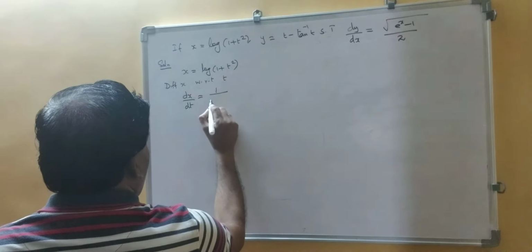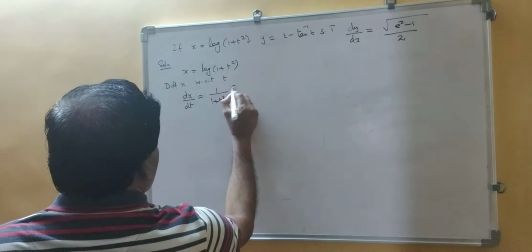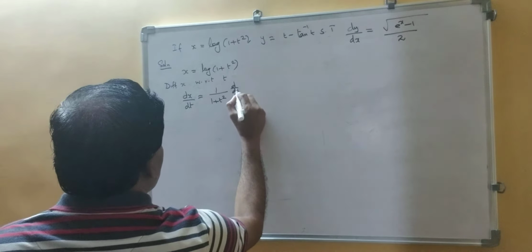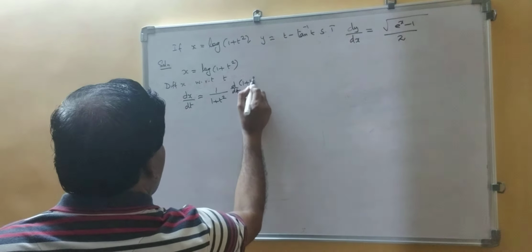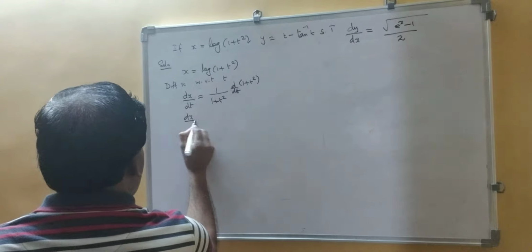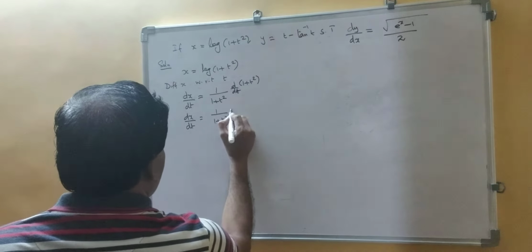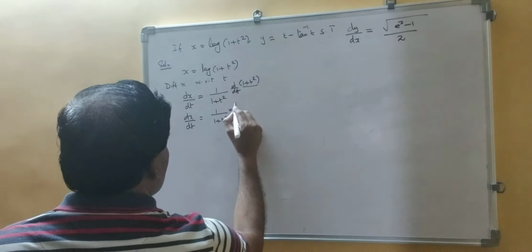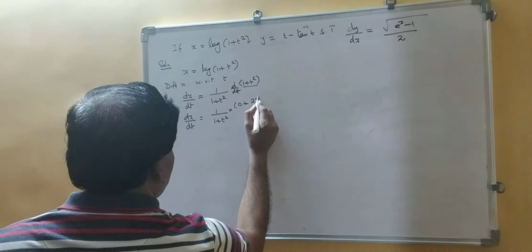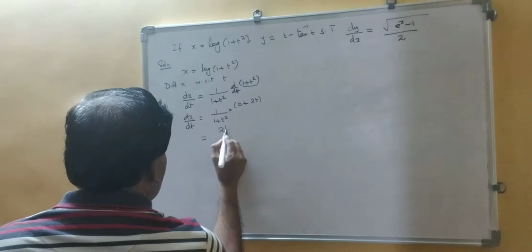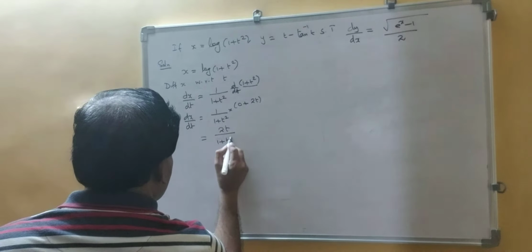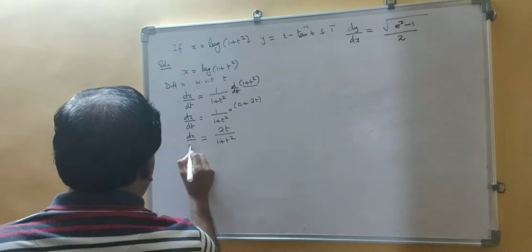So 1 upon (1 + t²) into the derivative of (1 + t²). So dx/dt = 1 upon (1 + t²) into, what is the derivative of this? 0 + 2t. That is 2t upon (1 + t²). It is dx/dt.